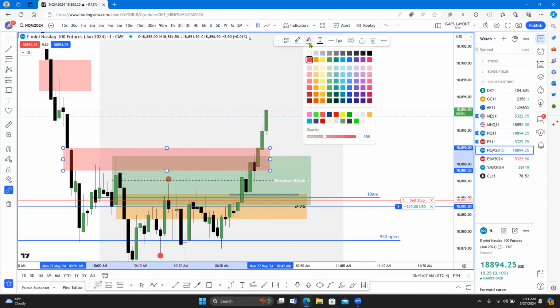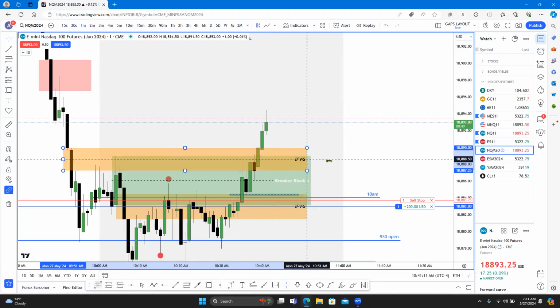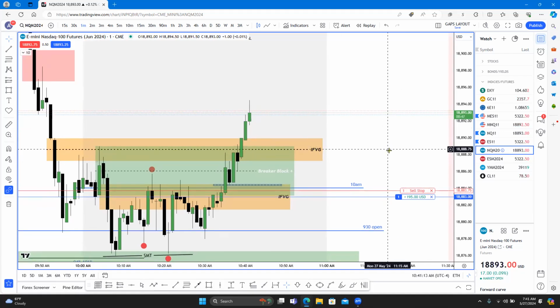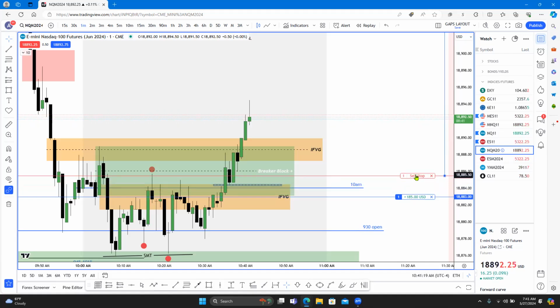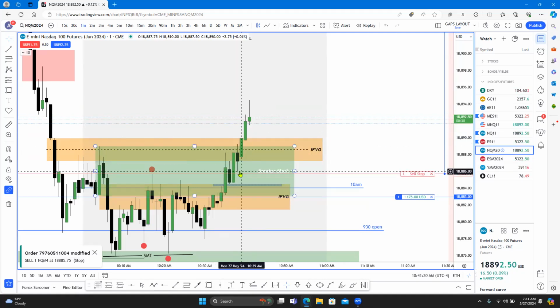So now we want to see this used as support. So now what we can do is move our stops to just beneath 50% of this breaker. Right, managing the trade, not too tight, but where it makes sense.